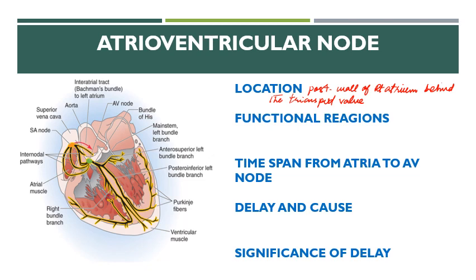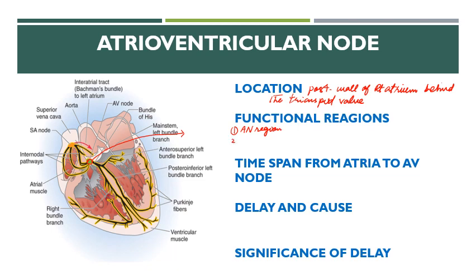The AV node is composed of three regions. The first region is called AN region.